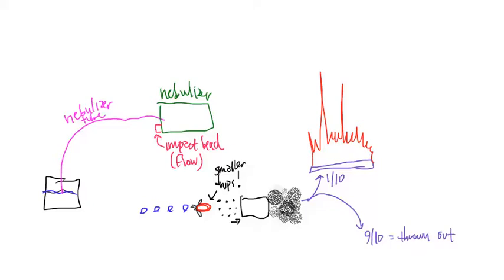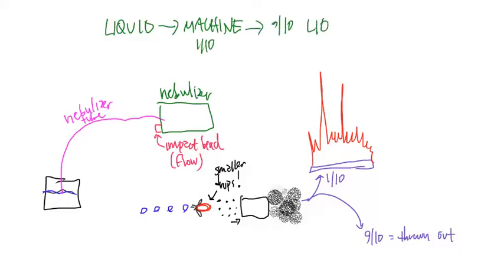Sometimes people forget that if you're putting liquid into the machine and it's only using 1/10 of that liquid, then 9/10 of the liquid has to come out.